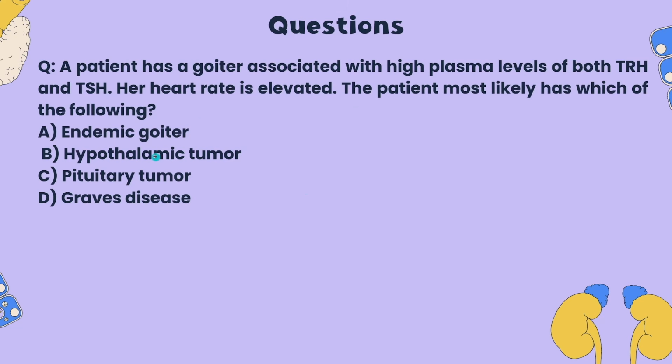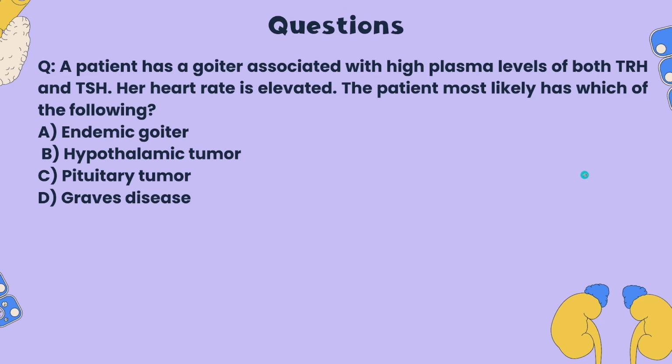Now for this question, I believe this is the last question. This one is very important and I've explained it maybe twice. A patient has goiter, which is hypertrophy of the gland, has high plasma levels of TRH and TSH. Heart rate is elevated. The patient most likely has which of the following?